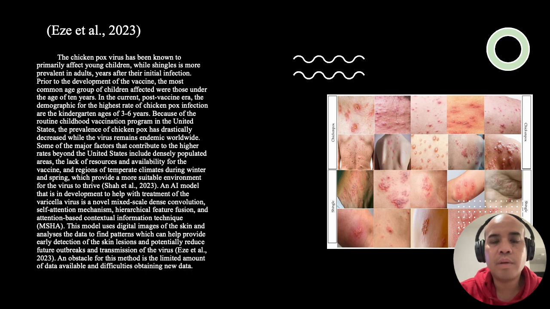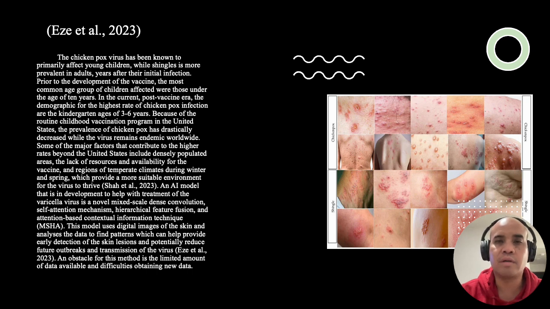While the implementation of the chickenpox vaccine here in the United States has significantly reduced the incidence rate, the virus still remains endemic to many other regions around the world.